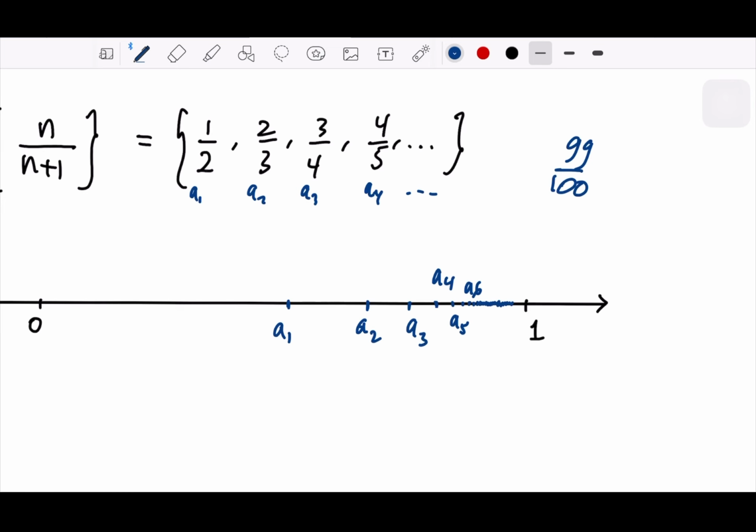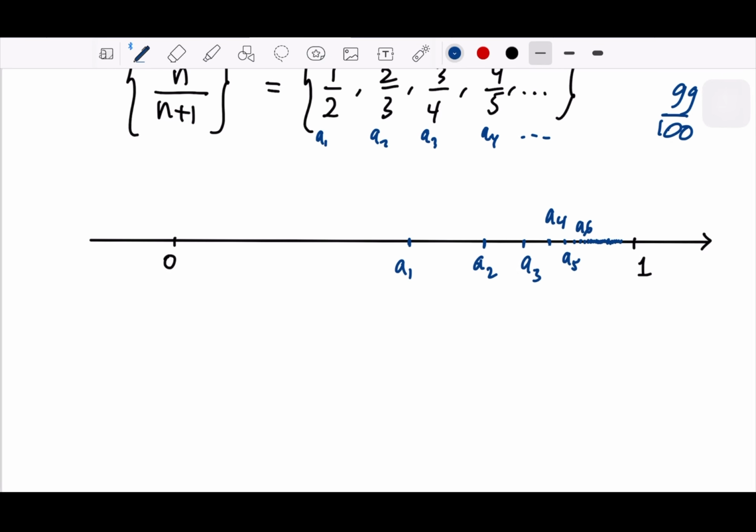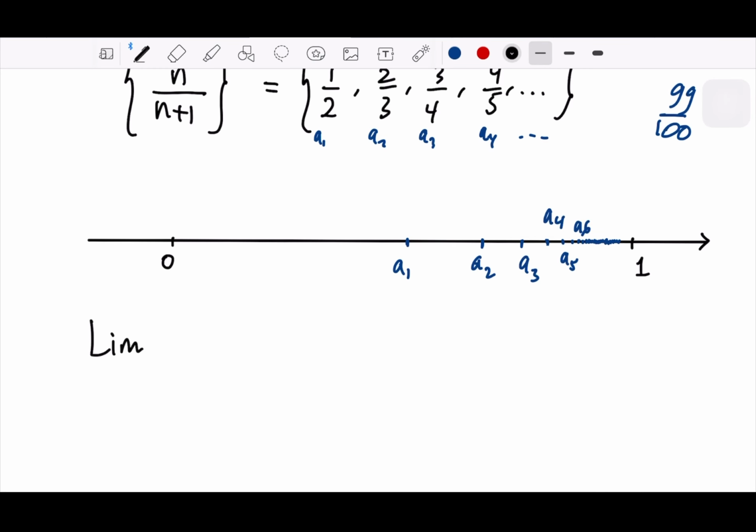Okay? So how do we solve this? Limit. If we have something closer to some value that we are sure it is going to be nearby, we need to have the limit concept. So this will be the limit of a sequence.